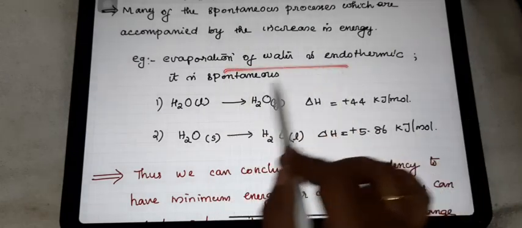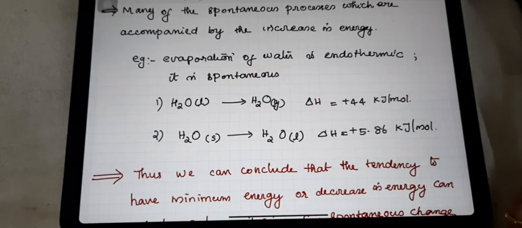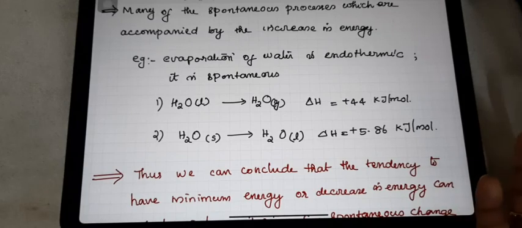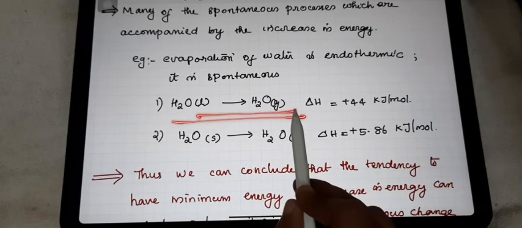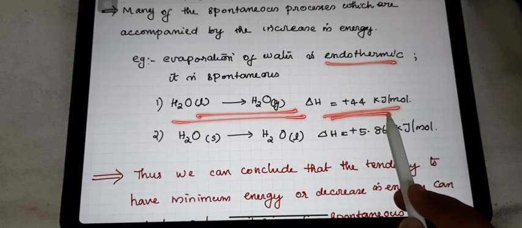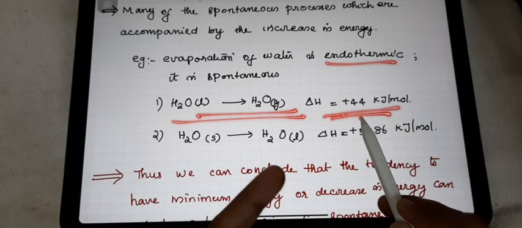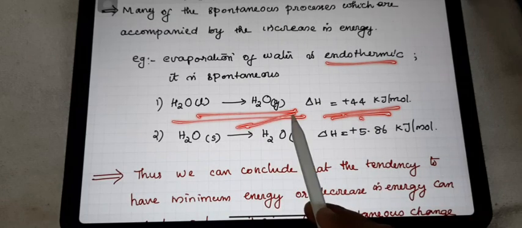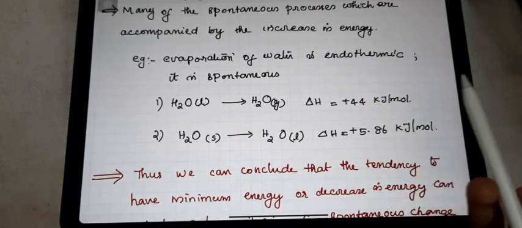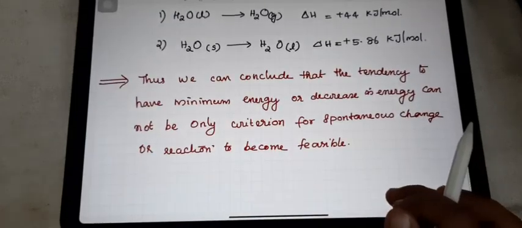Because from some of the examples we understood that if there is a positive delta H value, if there is an endothermic reaction, with more energy in that situation, the process is still spontaneous. As per theory, delta H is positive in the endothermic situation, but endothermic delta H positive means there is a minimum energy for reactants, not for the product. Still the product formation is occurring. That means the minimum energy is not a criterion for a spontaneous process. Okay, thank you.